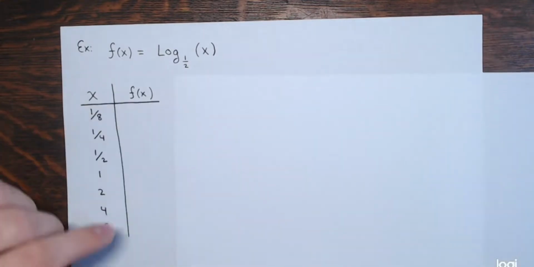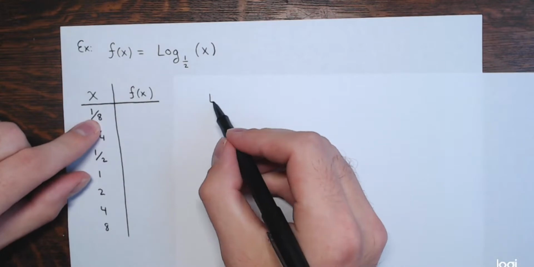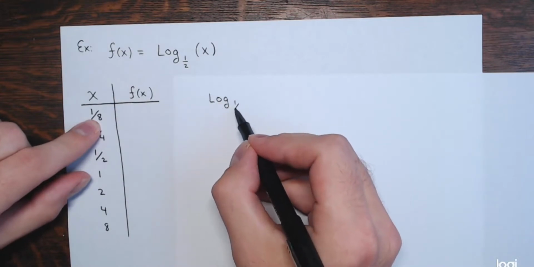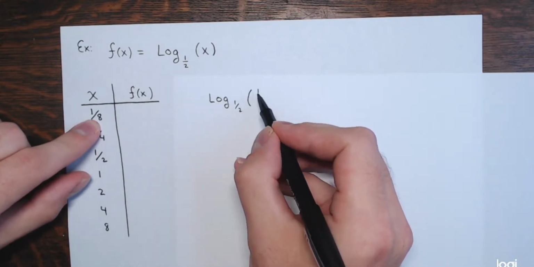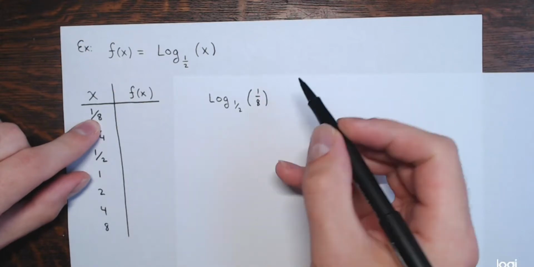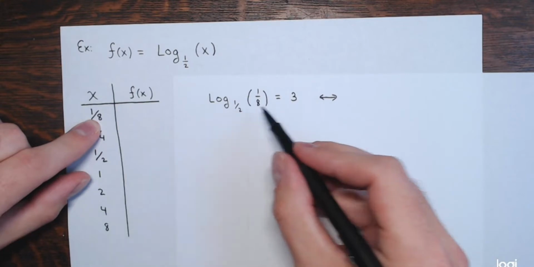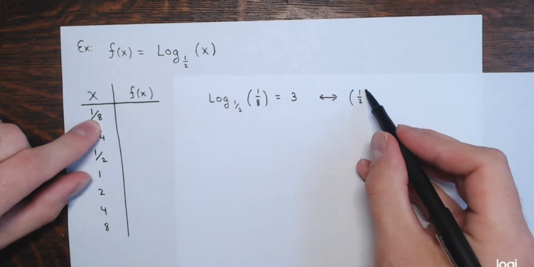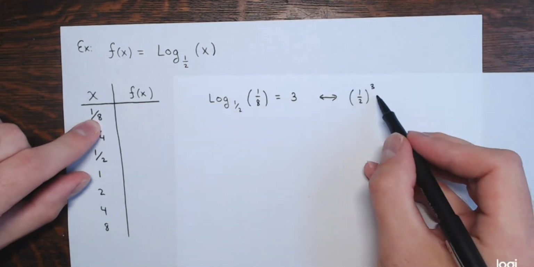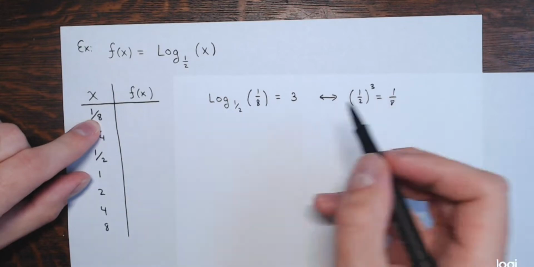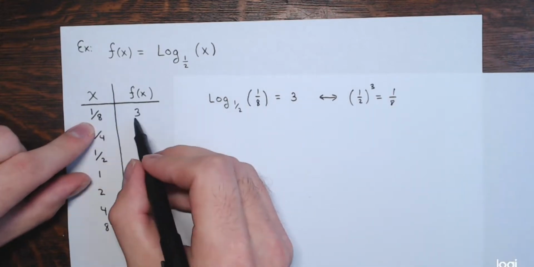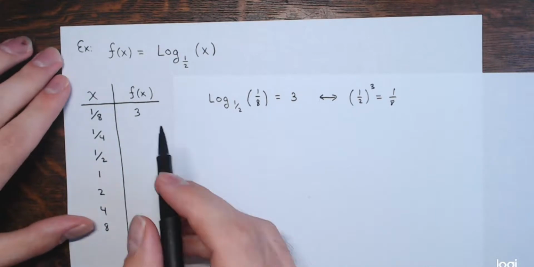When I plug in 1/8, the log base 1/2 of 1/8, that's 3, right? Because 1/2, the base, to the third power is 1/8. So input 1/8, output 3. And then hopefully you see where this is going.